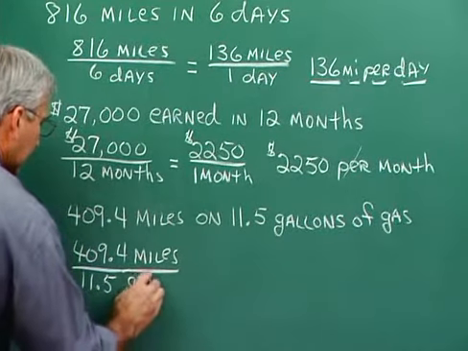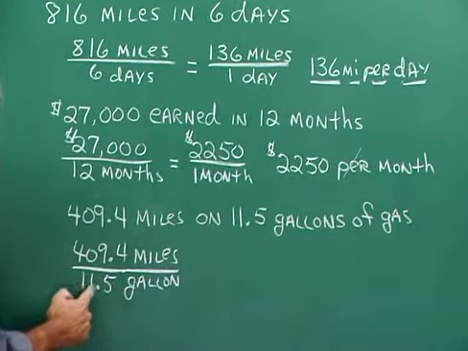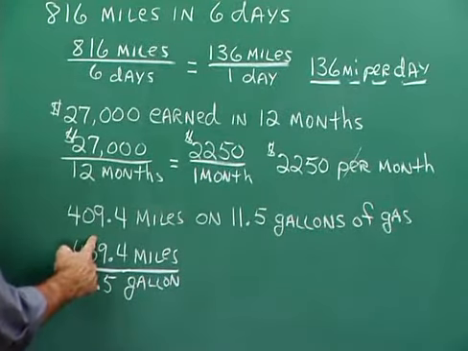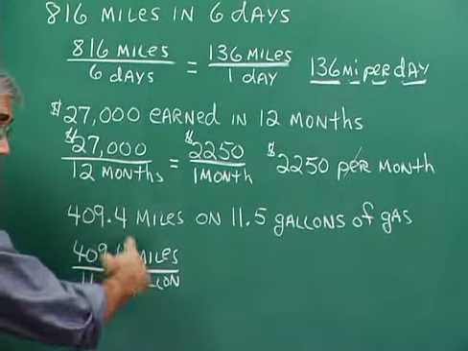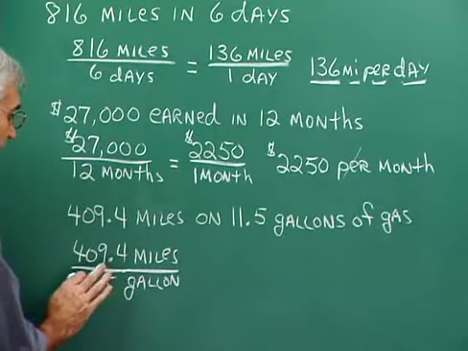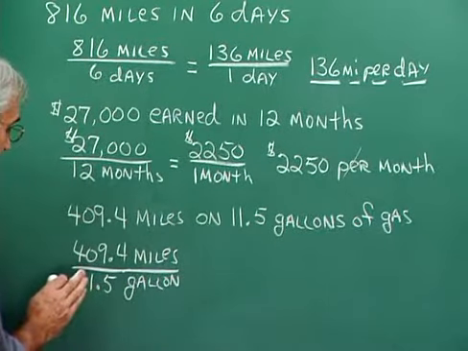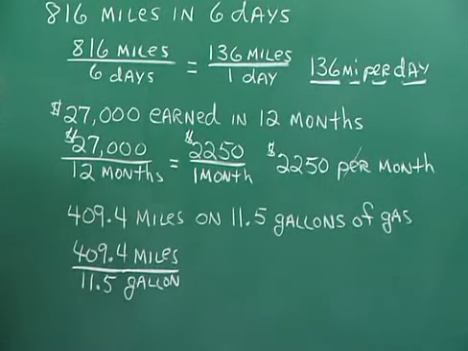This is gallons. And we go ahead and divide 11.5 into 409.4. And it may or may not go evenly. We'll just carry it out and estimate to a certain degree of accuracy, as we've seen before in division of decimals, and express our answer in miles per gallon. And that's all there is to it.